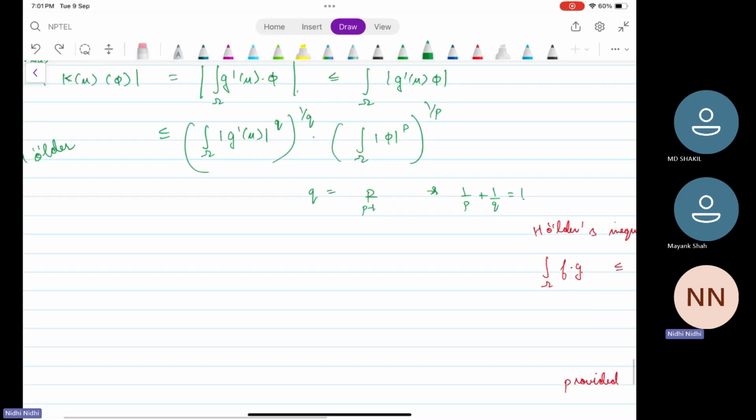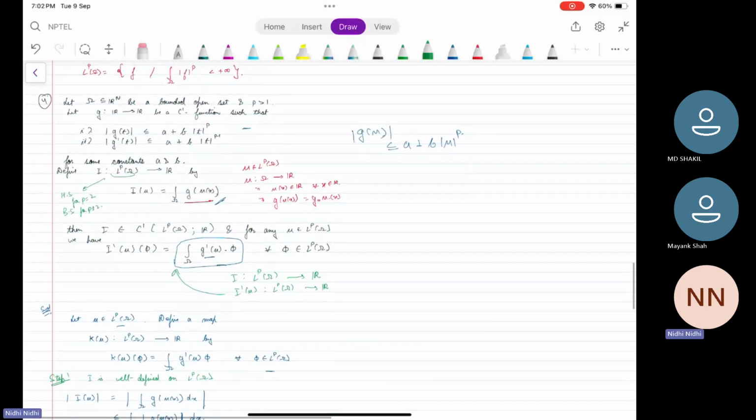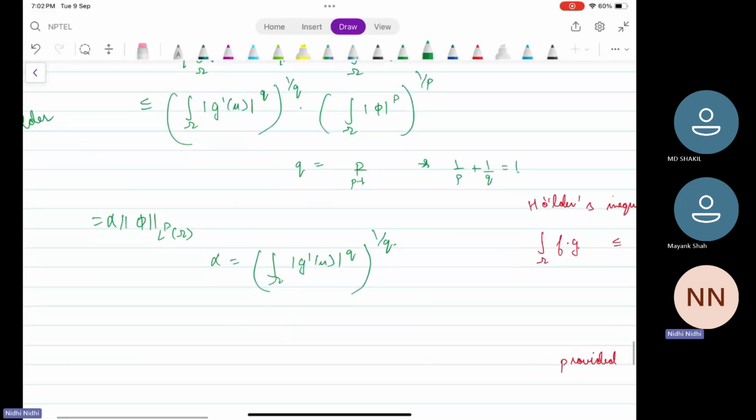From here we get this is equal to, now we know that φ is in L^p, so this is the L^p norm of φ times a constant, which I'll write as alpha, where alpha is the L^q norm of g'. Because g is a C^1 function, its derivative is also continuous.